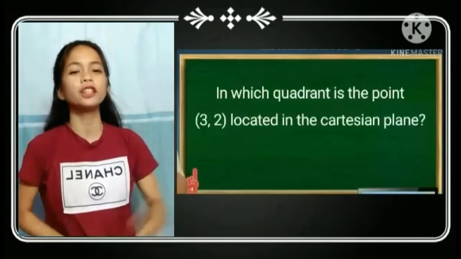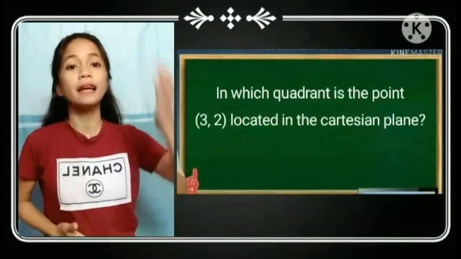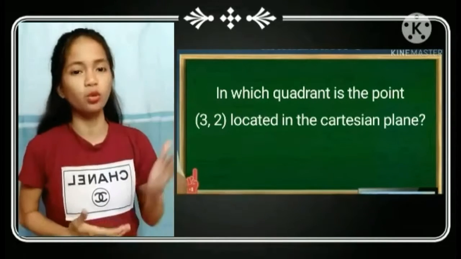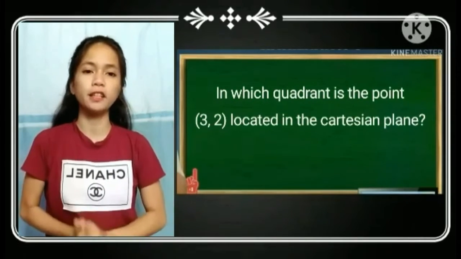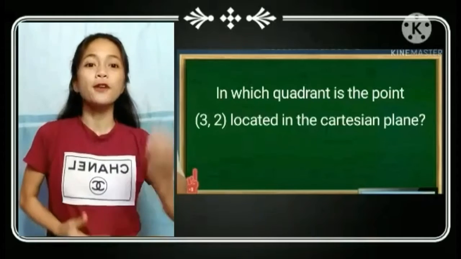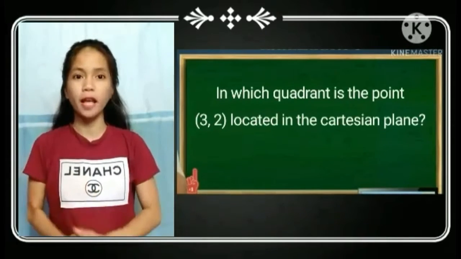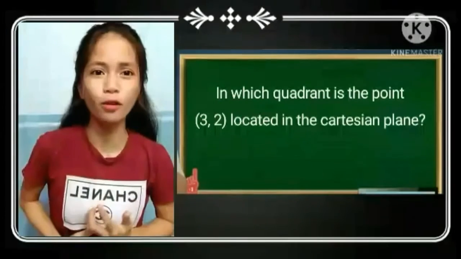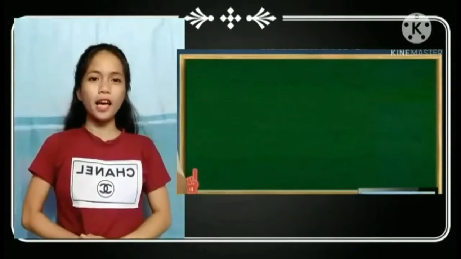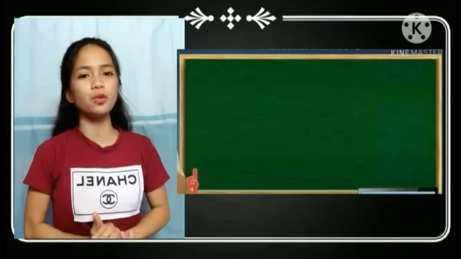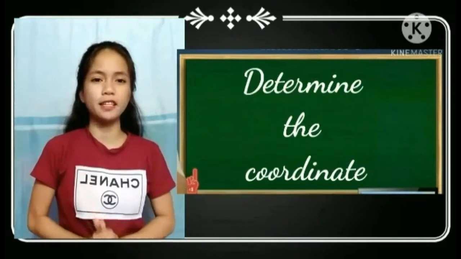Let's have an example. In which quadrant is (3, 2) located in the Cartesian plane? To answer this, your goal is to first locate the point. But how are we going to locate the point? The first thing you can do is determine the coordinates.